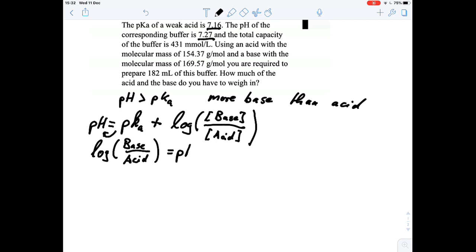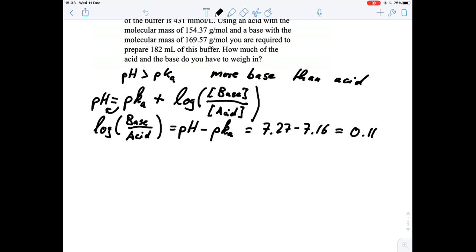So we have pH minus pKa equals 7.27 minus 7.16, and if my maths is correct, then we have 0.11 as the difference. Am I correct? Thumbs up? Good. Are you still here? Okay, I assume somebody is here.